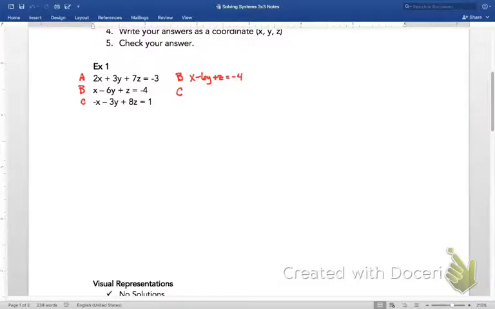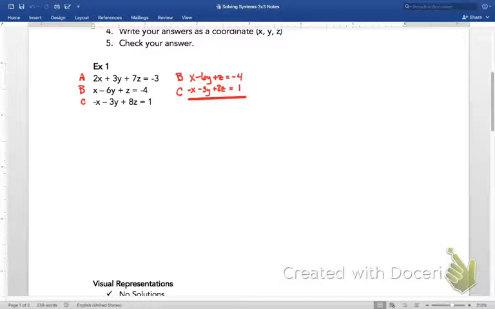And then I have negative x minus 3y plus 8z equals 1. So I don't need to do anything here. I'm just going to add everything straight down.